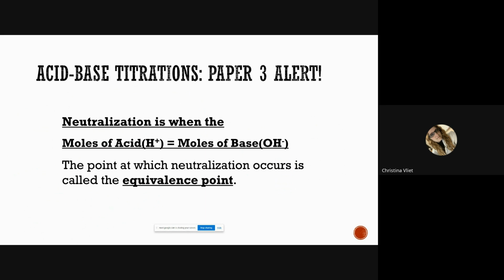And so the point at which the neutralization occurs, we call this the equivalence point. This is when our moles of acid equal our moles of base. And this is really when we can use a balanced equation. So you may want to point out the equivalence point is when we can use a balanced equation to solve questions.